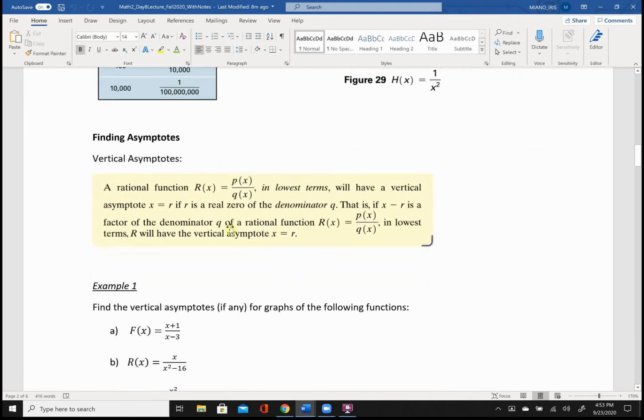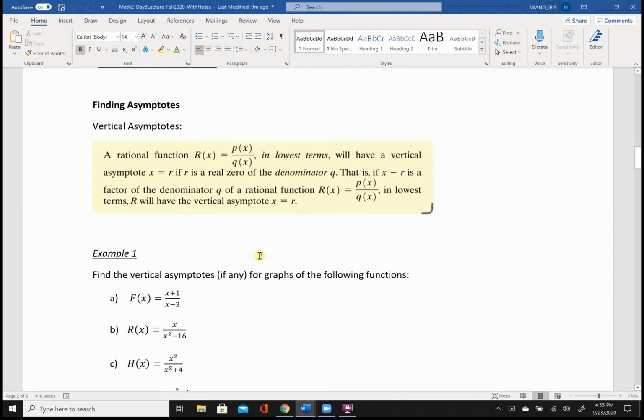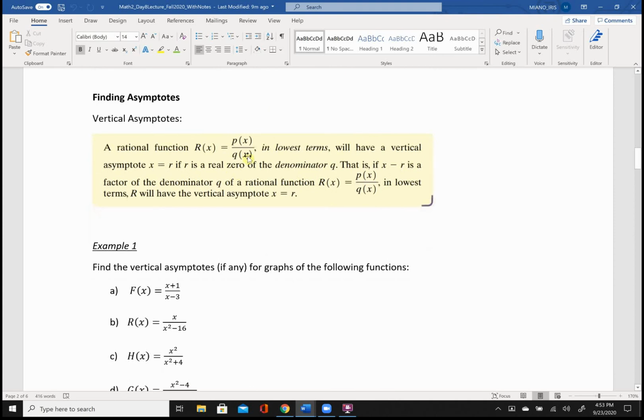So the way that you will find a vertical asymptote for a rational function of the form r of x equals p of x over q of x is to simply reduce this rational function to lowest terms, which may require some factoring. And then once that is done, look at the denominator polynomial that's left after putting it in lowest terms. You will want to focus on that denominator polynomial and figure out when it has a value of 0, right?